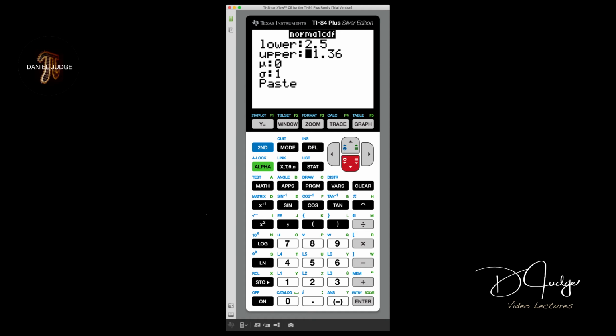And the upper bound value is 4.03. We get, as a probability, 0.0062. This is a probability value. As a percent, that's going to be 0.62%. So, 0.62%.